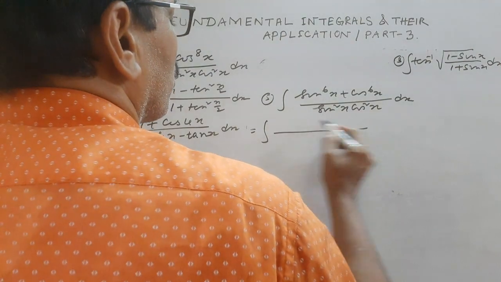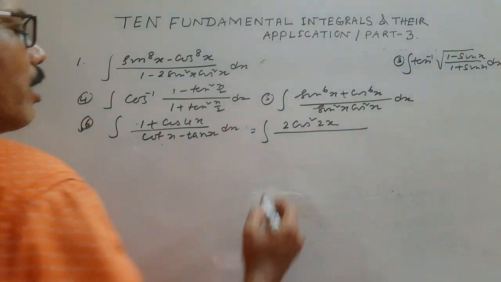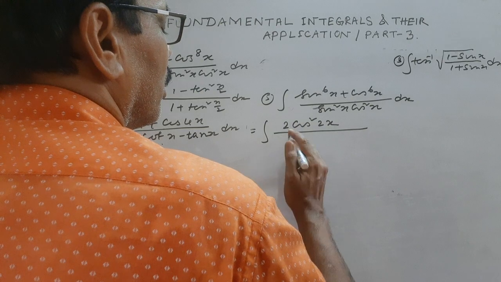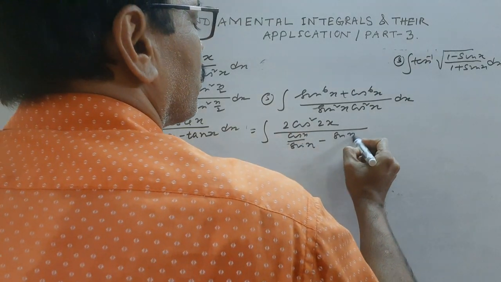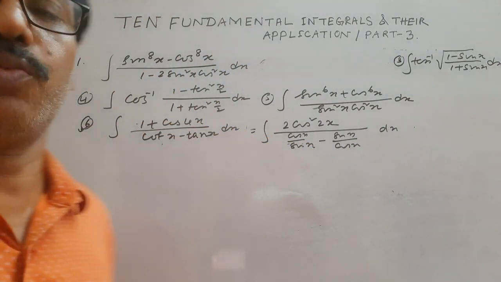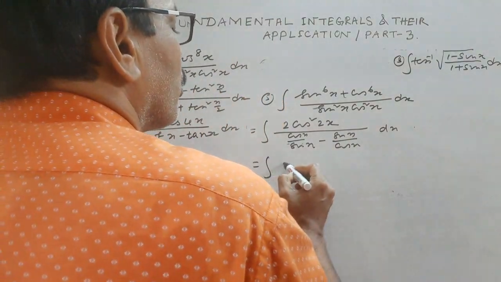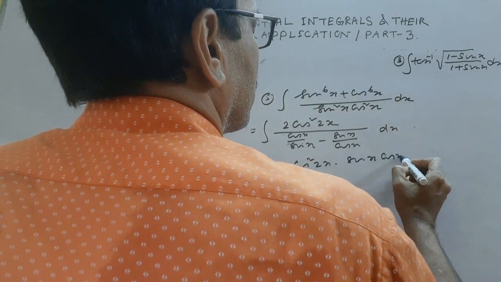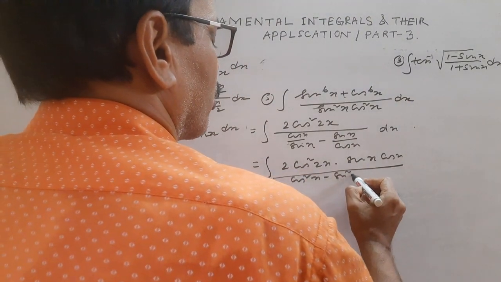So 1 plus cos 4x is 2 cos square 2x, and cot x is cos x by sin x minus sin x by cos x dx. So our main aim is to put it in standard form using simplification. So 2 cos square 2x, and sin x into cos x is the LCM. Now this is cos square x minus sin square x.